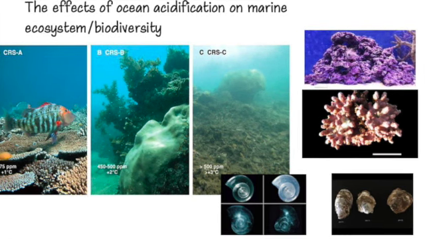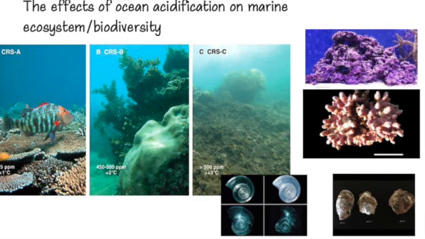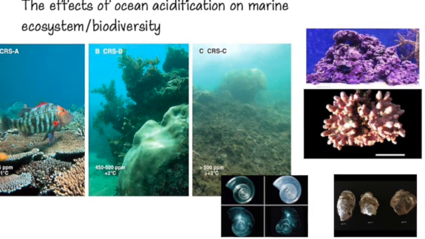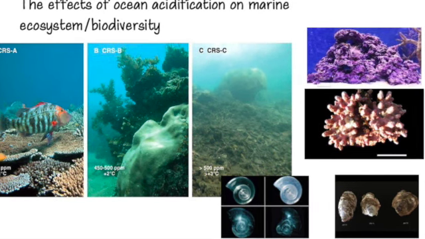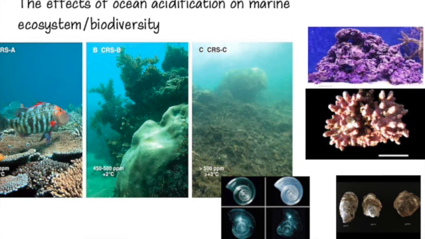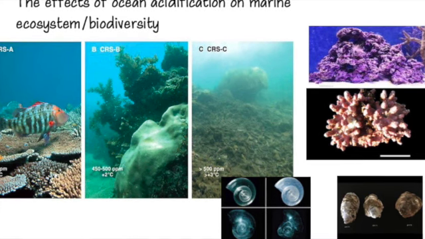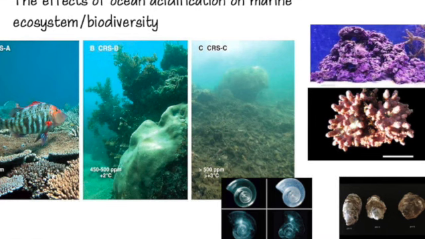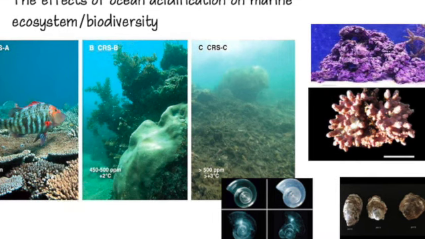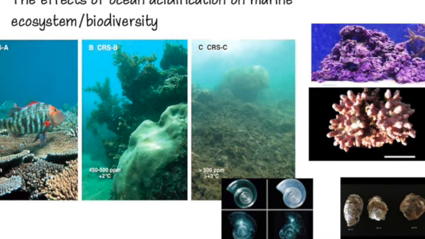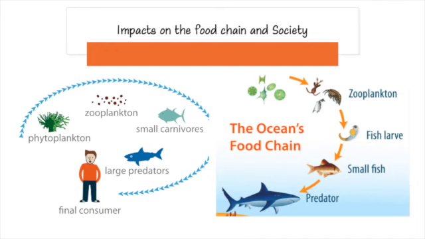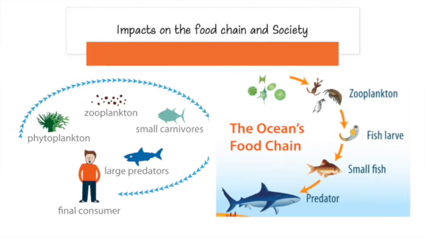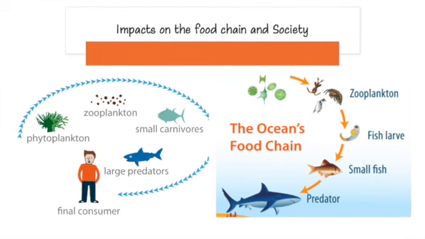In addition, marine organisms that have skeletons or shells made out of calcium carbonate or limestone also experience difficulties maintaining or producing their structures when the ocean is more acidic, since their growth is stunted and they are more prone to erosion. Ocean acidification can even impact society by causing the disruption of the food chain.